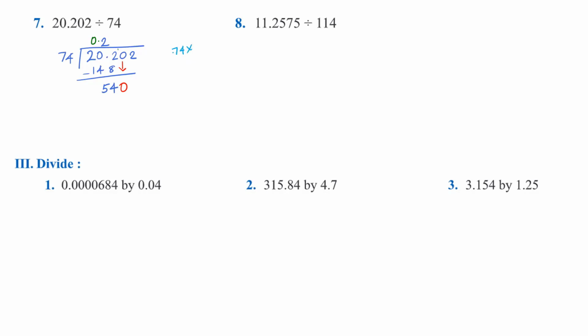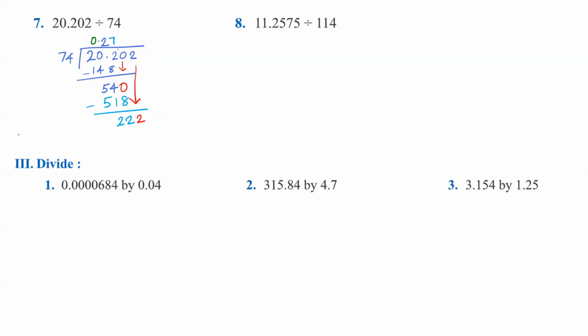If I take 6, it will be 444, so it is 7. 74 into 7 is 518. Now what is 540 minus 518? 22. Now what is the carry there? 2. So it is 222.